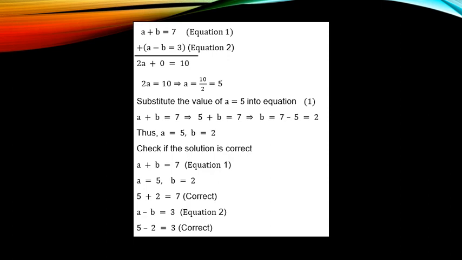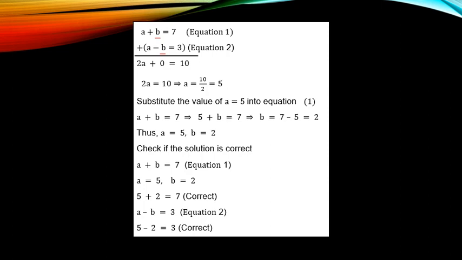So you have the two equations again, and I have decided to eliminate variable b from both equations. If you check variable b in equations 1 and 2, the coefficient is 1 in both. Secondly, the signs are opposite, that is plus, minus. So thirdly, I have the option of adding, since the signs are different and the coefficient is 1.